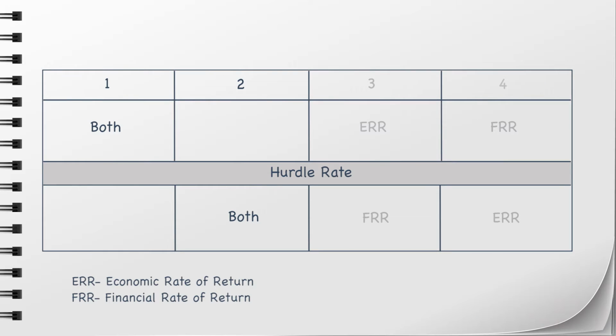Where the complexity increases are two other categories. Let's take the example of the economic rate of return being higher than the financial rate of return, and obviously, to take it away from the earlier two categories, where the economic rate of return is above the hurdle rate while the financial rate of return is below the hurdle rate.